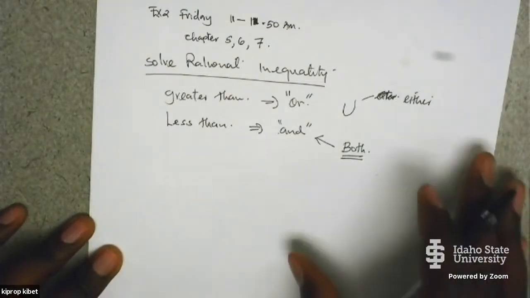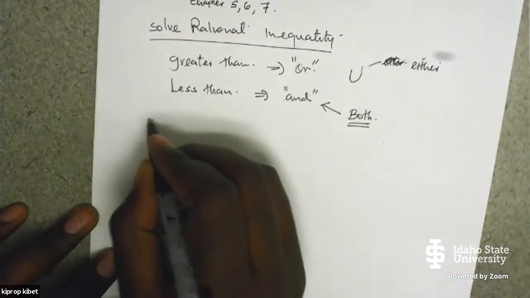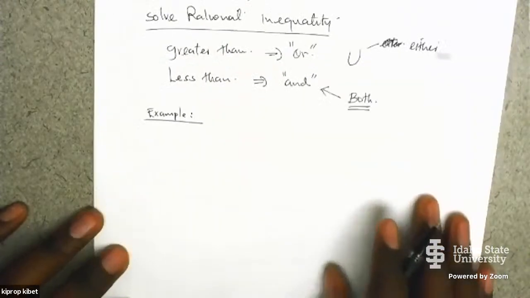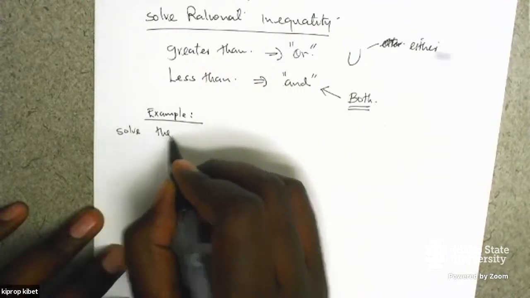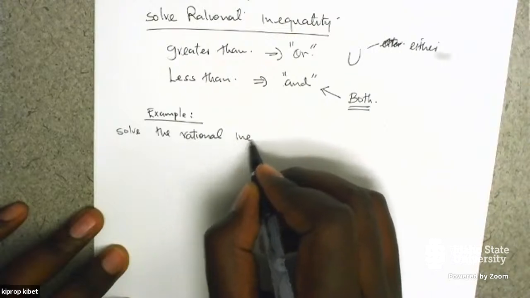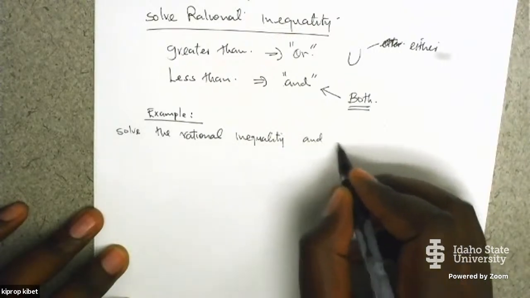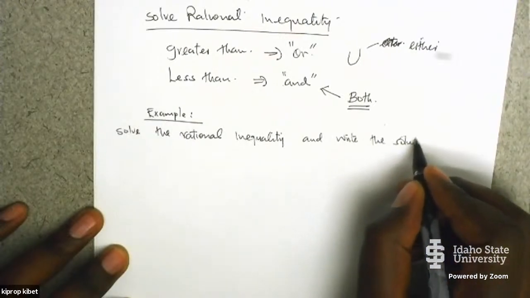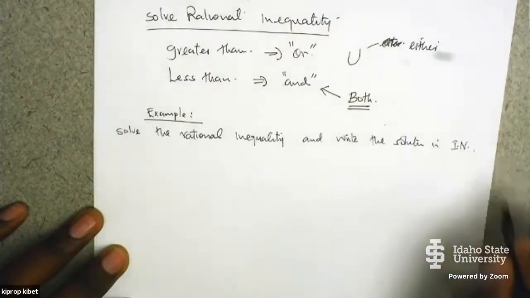Now let's look at example 1. We are told to solve the rational inequality and write the solution in interval notation.